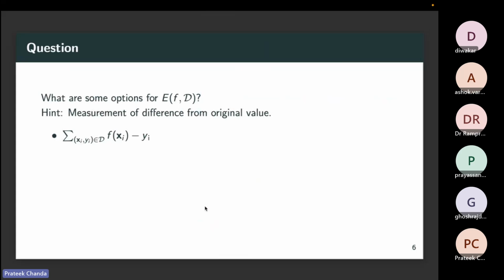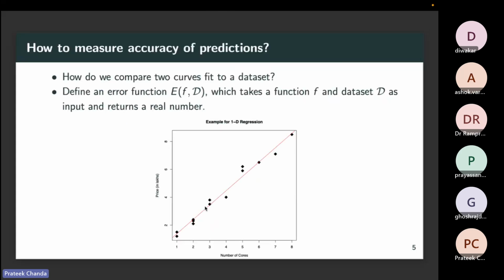There are many notions of difference. One can be as simple as a vertical difference, for example. I have xi comma yi, which belongs to my data set D. f of xi is the red line at xi, where xi is my CPU core number.